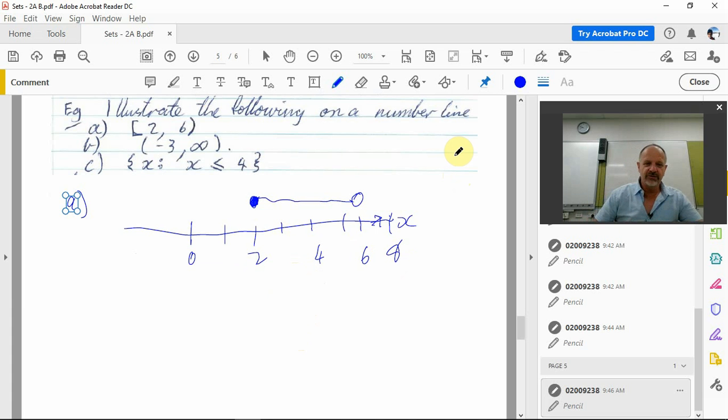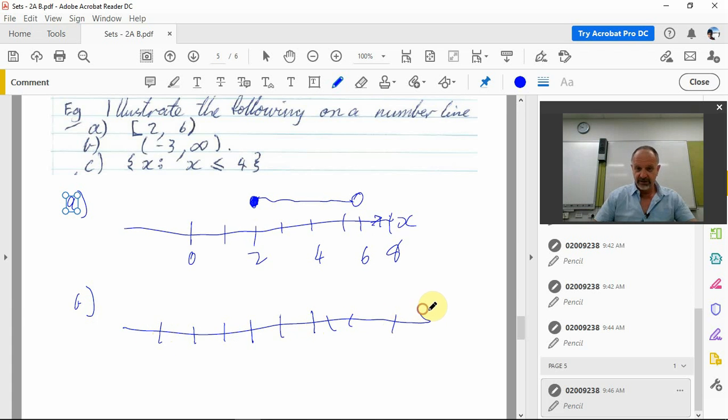All right, for part B, we've got interval notation. So -2, -4, 2, 4. All right, so we've got -3, curved bracket, not included, so an open circle.